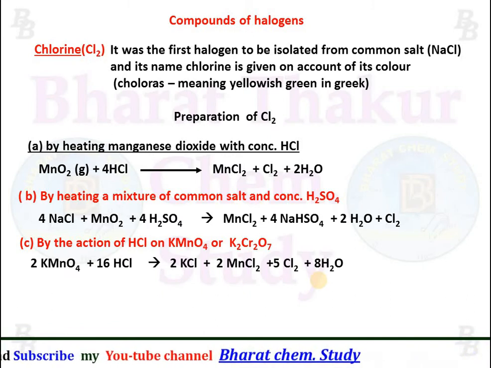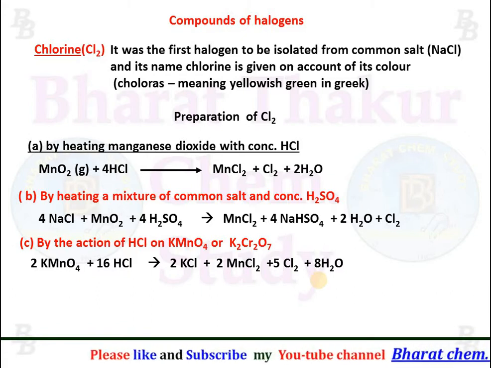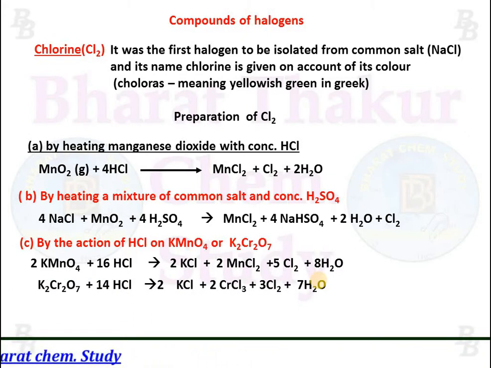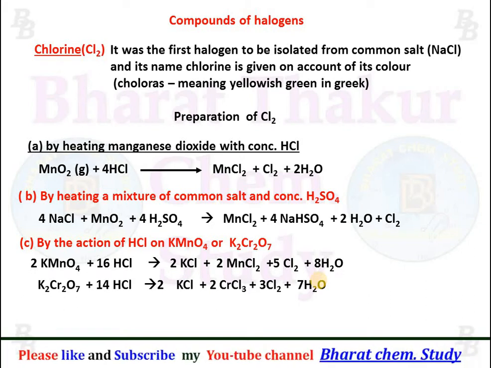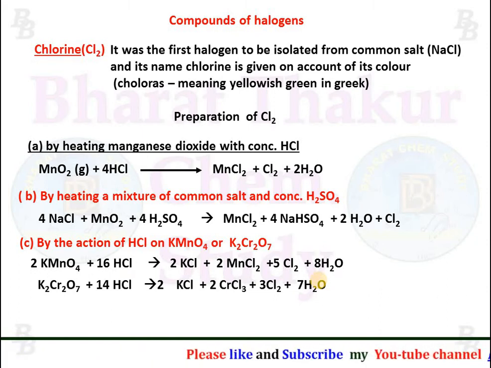So when HCl reacts with KMnO4, it will give KCl, MnCl2 and chlorine plus water. Similarly, when potassium dichromate reacts with HCl, it will form KCl, chromium chloride, 7 water and chlorine gas. So these are the important chemical reactions for the preparation of chlorine.